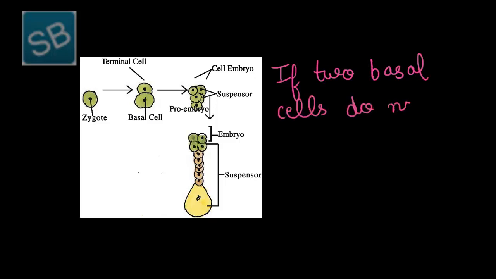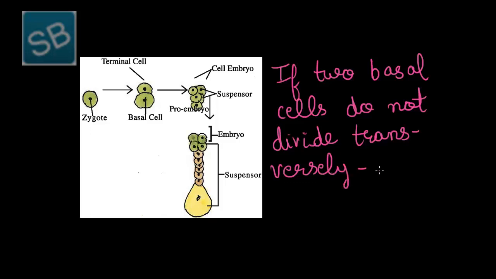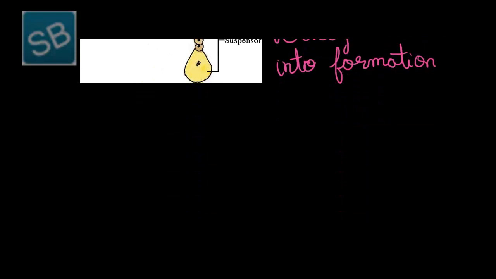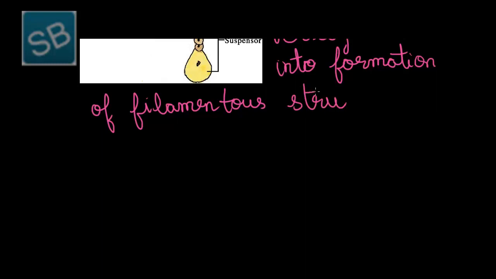Thus, if the basal cells do not divide transversely, then it results into the formation of a filamentous structure which is of about 20 to 25 cells, known as suspensor.